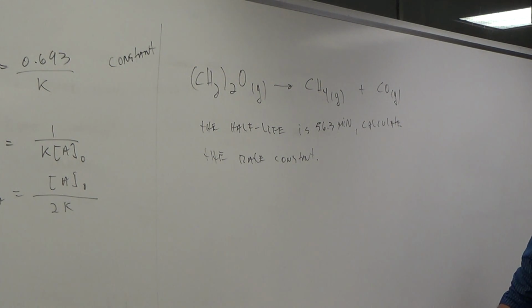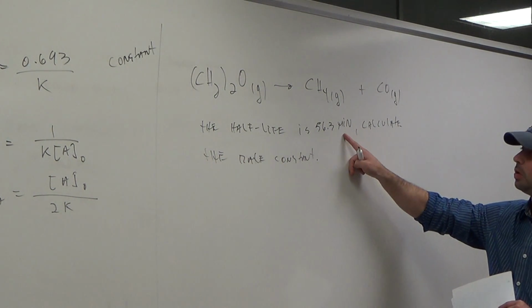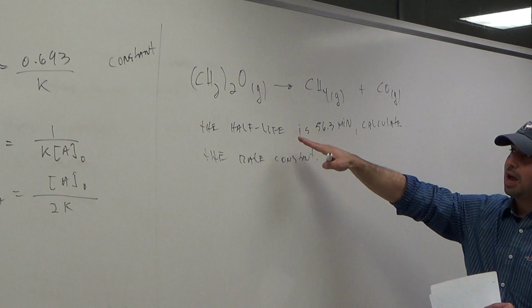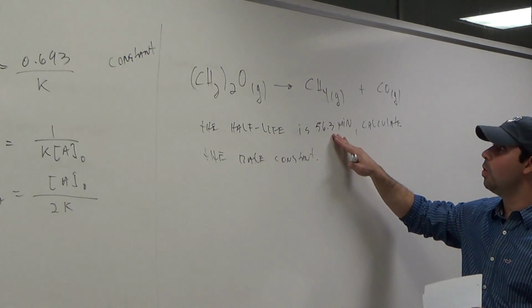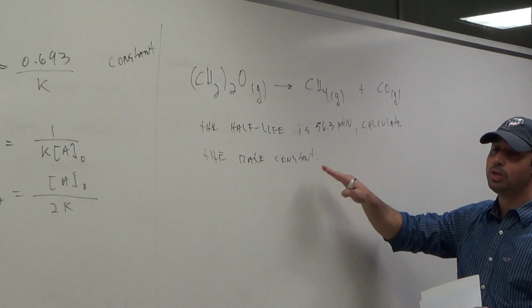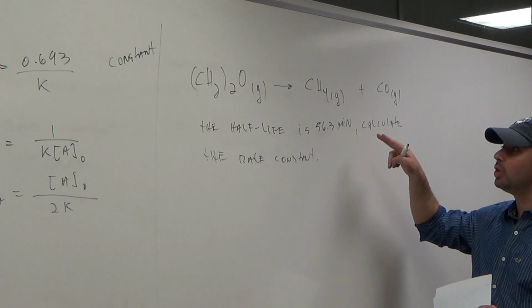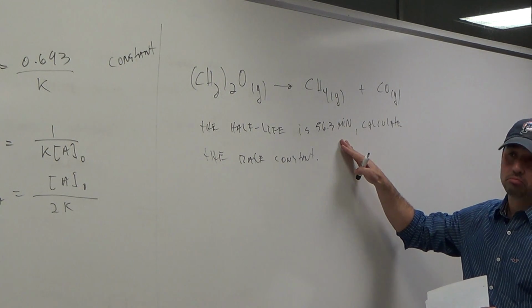If it's not very clear, like it's not here, I will probably tell you what order it is. Can you guess the order from here? You can't guess the order from here because this is half-life, and I have given you only one number, yes? And I have not given you initial concentration.